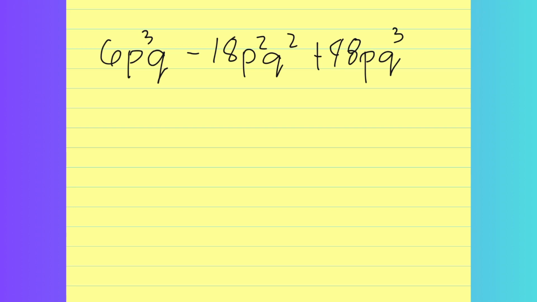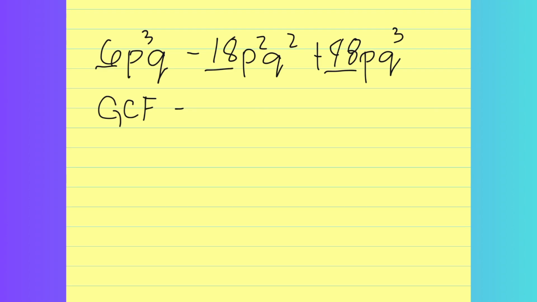Now, find the greatest common factor. So again, focus first on the leading coefficient of each term. We have 6, 18, and 48. Now, what is the greatest integer that can divide each of the coefficients of the polynomial?